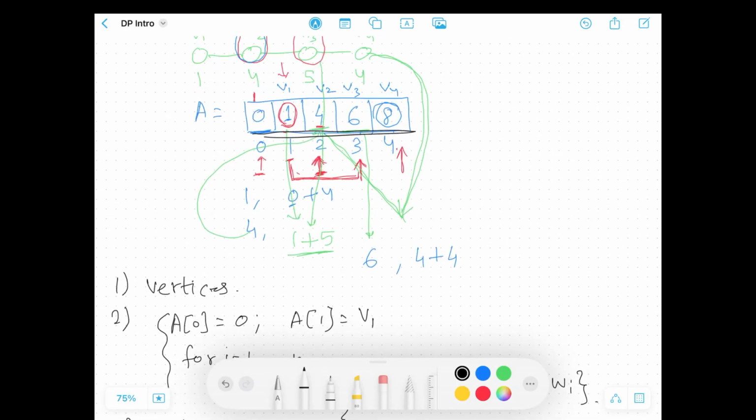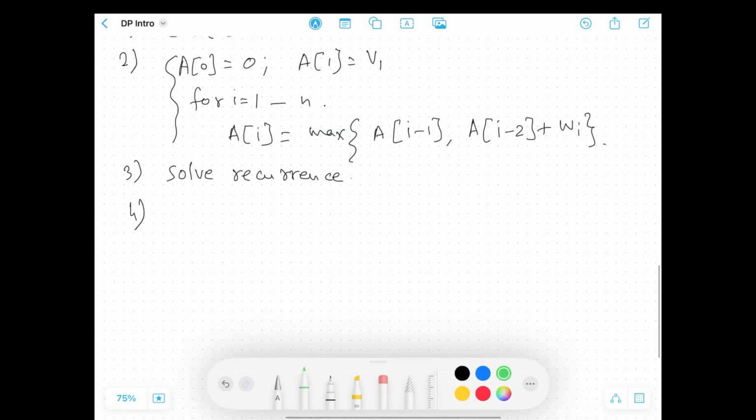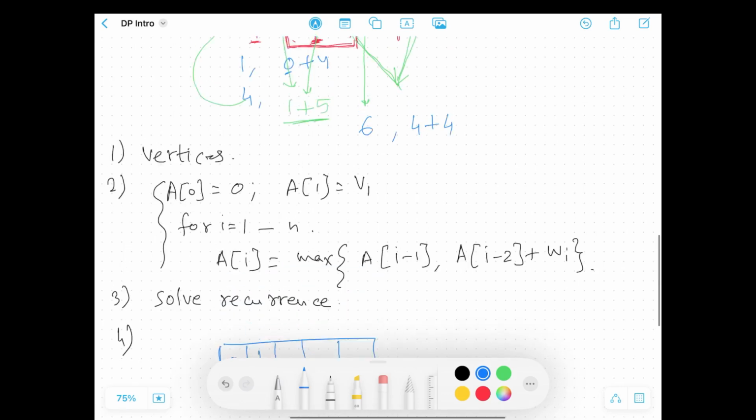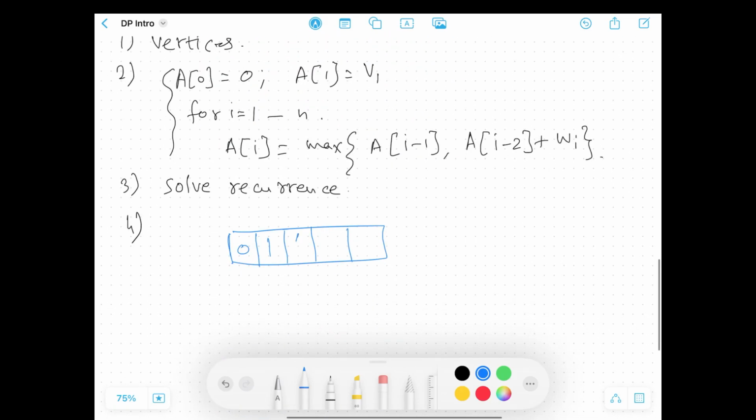So if we look at our grid, the final grid, which was 0, 1, 4, 6, 8.